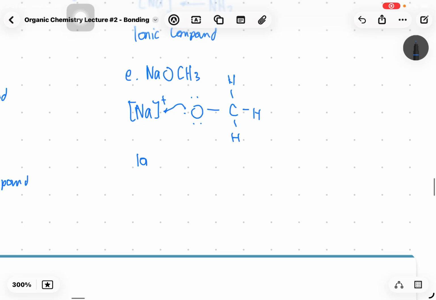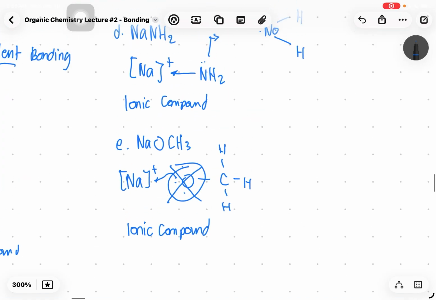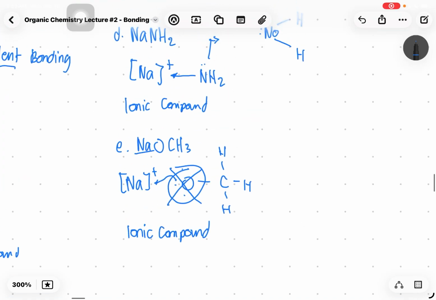So again, this is an ionic compound. Ignore this right now. Just know that off of the surface, there's a metal and there's a nonmetal group here. So the free atom would transfer its extra valence electron to the sodium, meaning that this is an ionic compound.